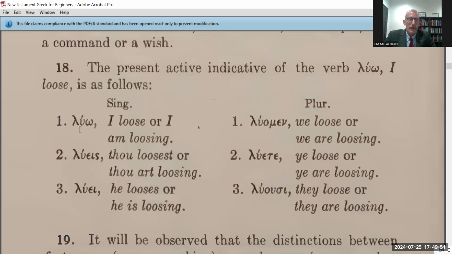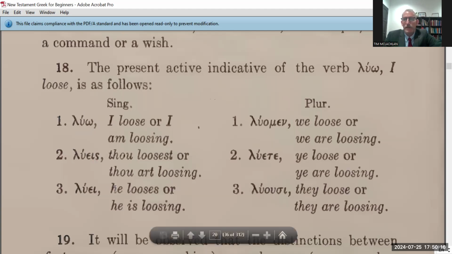So you could say blepo, blepeis, blepei, blepomen, blepete, blepousi or blepousin, remember? And that's to see. And so just to get those words flowing through, when you see something with an omega at the end, you automatically know present active indicative.